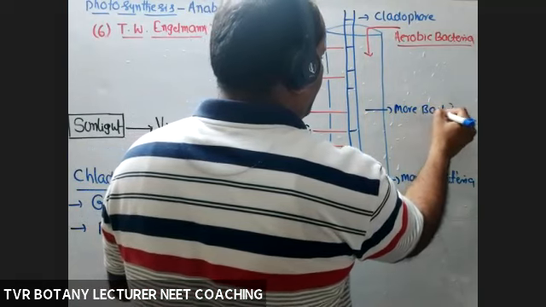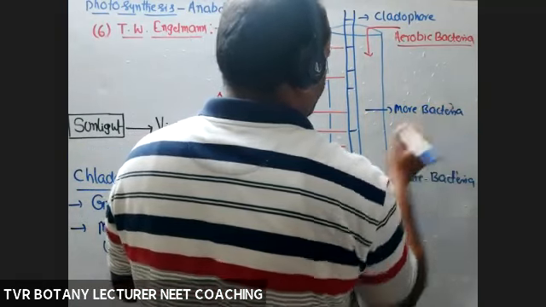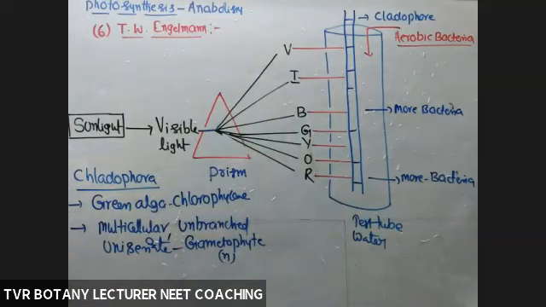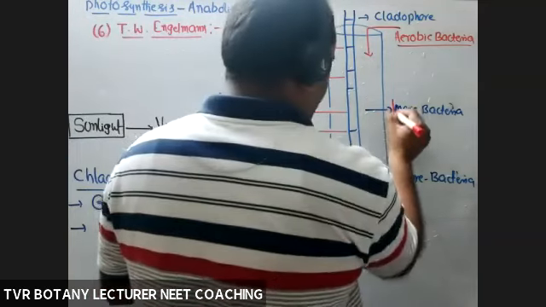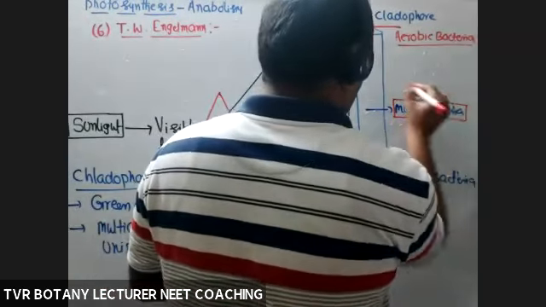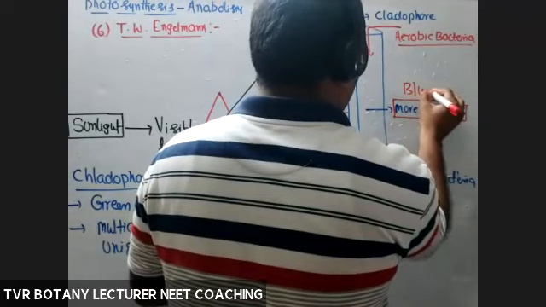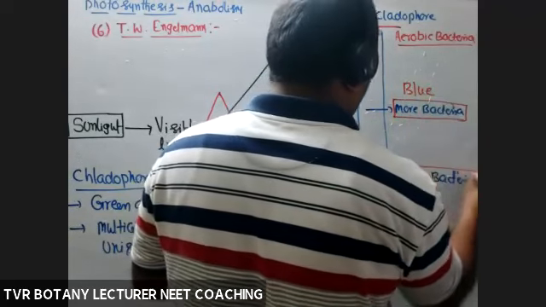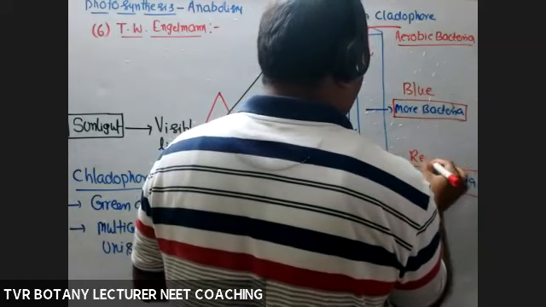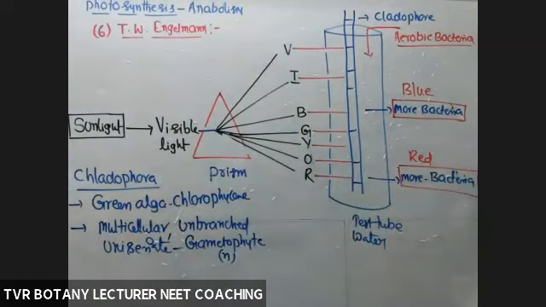In the rest of the area, bacteria are absent or fewer. So what are those areas? This one is the blue region and this one is red. Red and blue light are available in these regions.